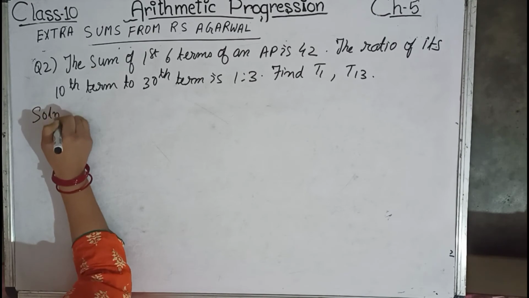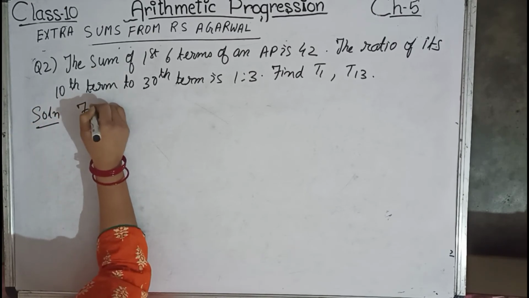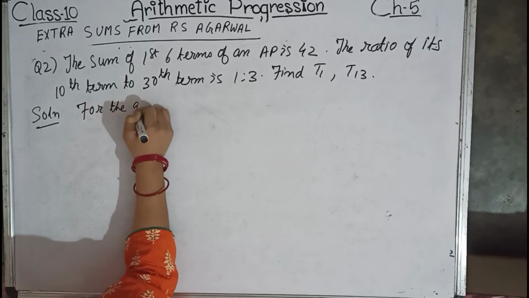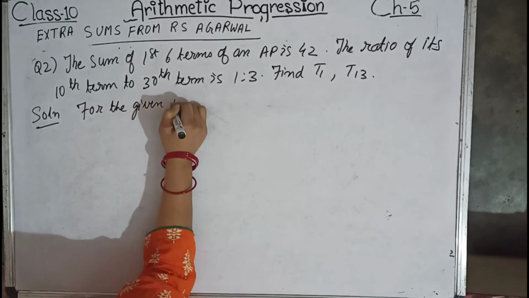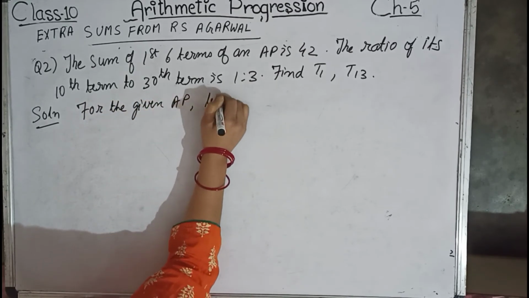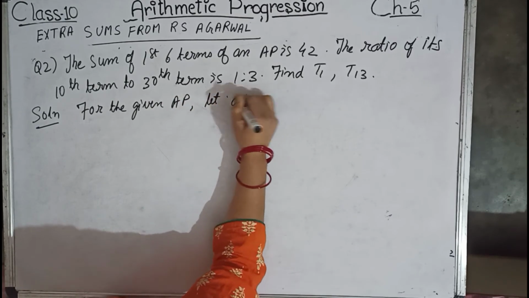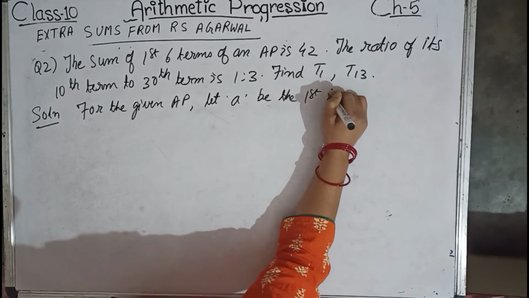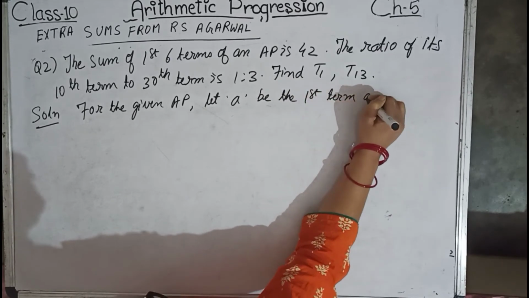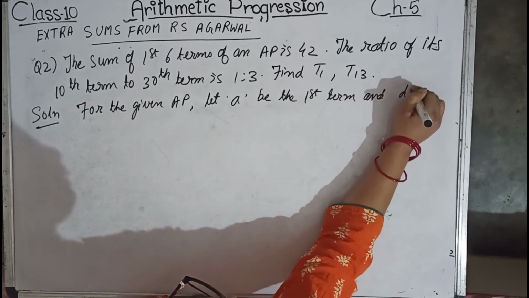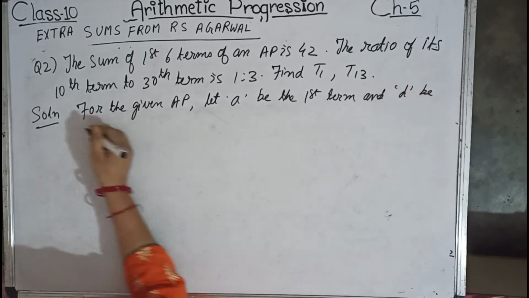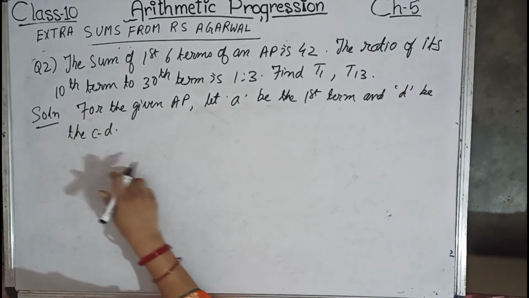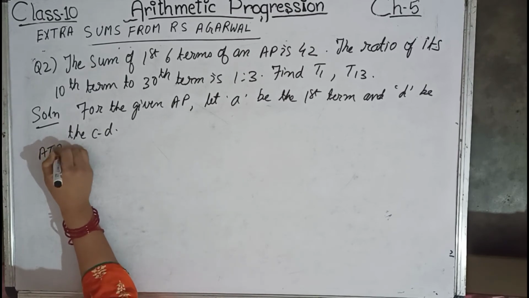So in this sum also we will write the introductory statement for the given AP. Let A be the first term and D be the common difference. Now according to the question we will write the given fact.